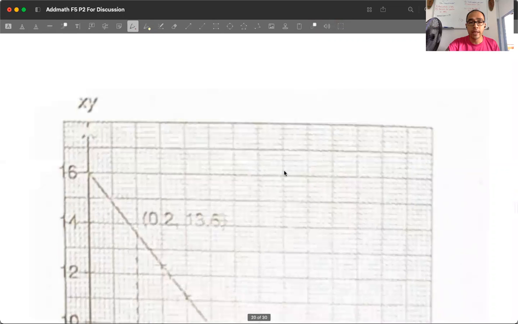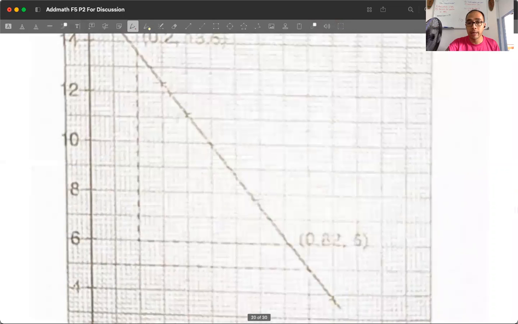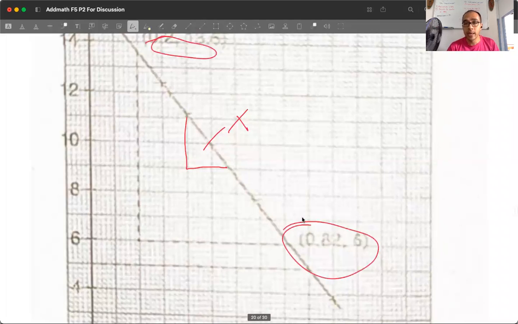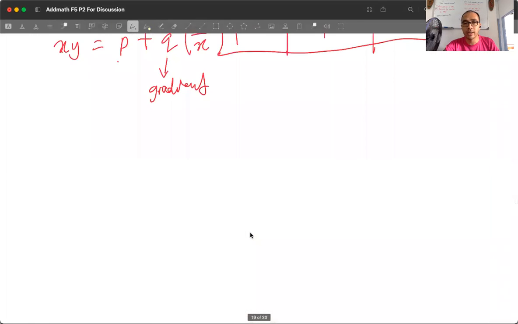In this graph I use a big triangle. Always use a big triangle. If your triangle is small like this, I do not accept. I will check what points you use. If I find your point is not suitable, sorry, you will lose marks there.